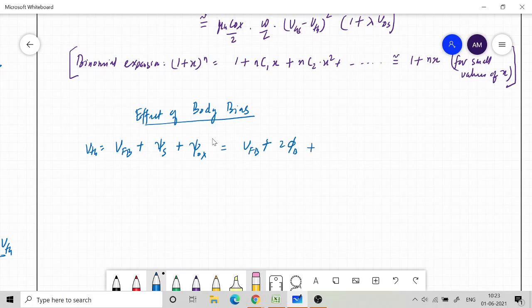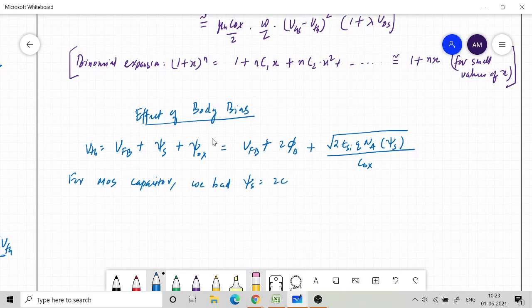And then we had an equation for psi-ox, that was square root of 2 epsilon q Na times psi s, divided by C-ox. For the MOS capacitor, psi s was basically equal to 2 phi b, and this divided by C-ox was our psi-ox.